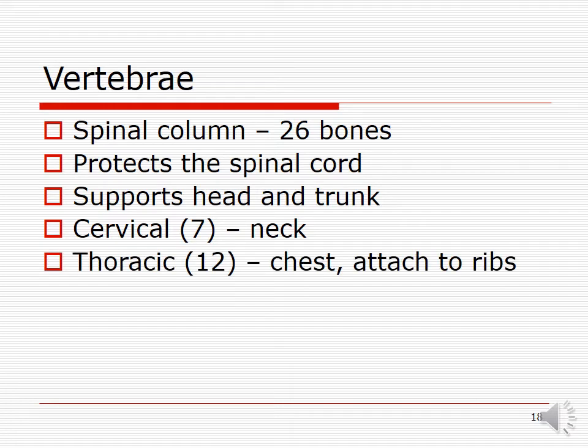At the top, the first 7 are called the cervical vertebrae. Cervic means neck. The next 12 are the thoracic. Thorac is chest. These thoracic vertebrae are also going to attach to ribs.